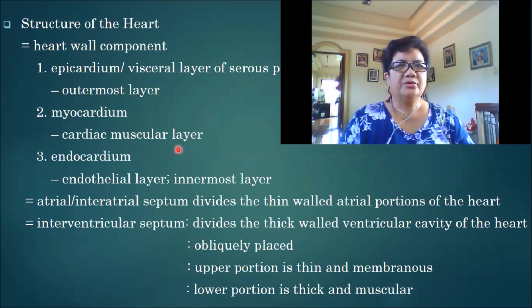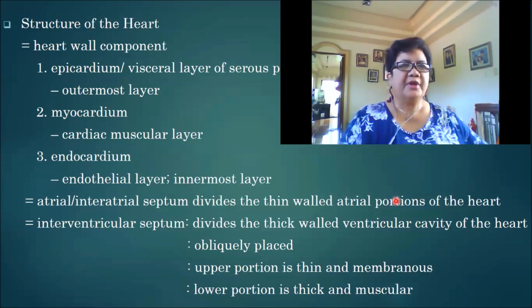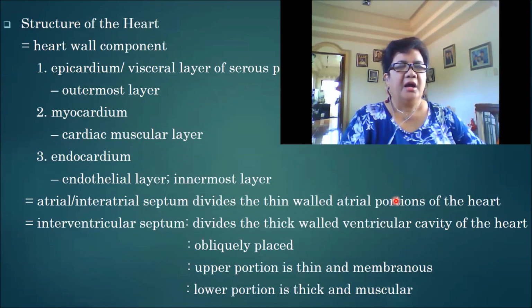Then we go to the structure of the heart. The structure of the heart is made up of the wall. There are three components of the wall. You have the epicardium or the visceral layer of the serous pericardium. This is the outermost layer.